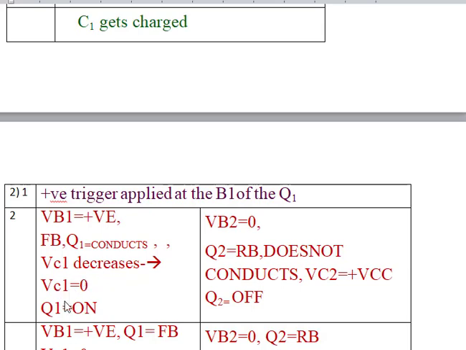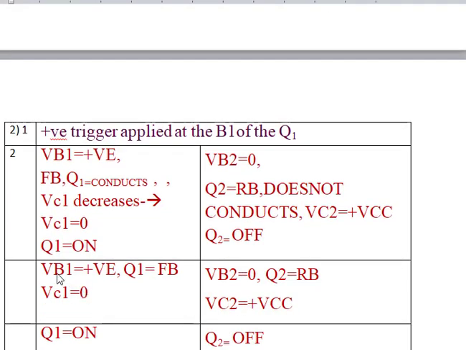Now Q1 has shifted from the off state to the on state. At the same time, the base of the second transistor is 0, so Q2 is reverse biased, so it does not conduct. So the collector output voltage is high, so Q2 shifted from the on state to the off state.